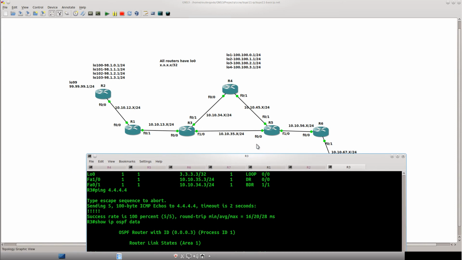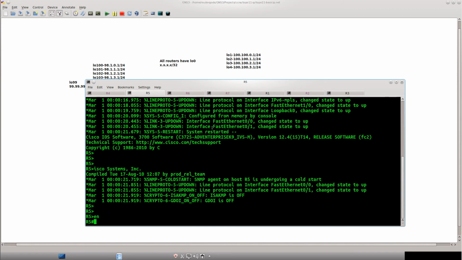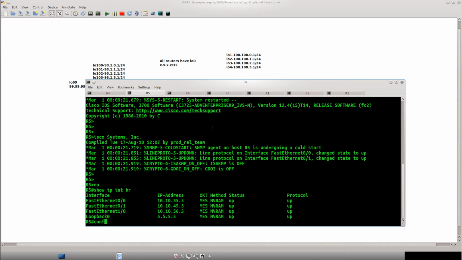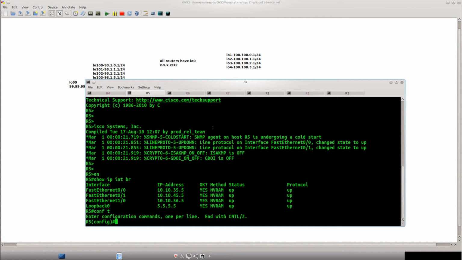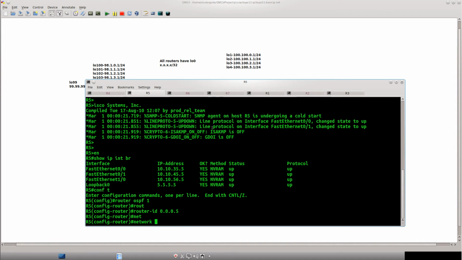Now we're going to go over to R5. We're going to put the left links into area 1, and then the right link we'll leave just for now. So R5, show IP interface brief. Router OSPF 1, we'll do our router ID first, 0005. And then we'll do our network statements.